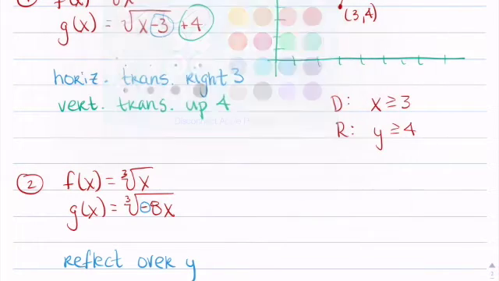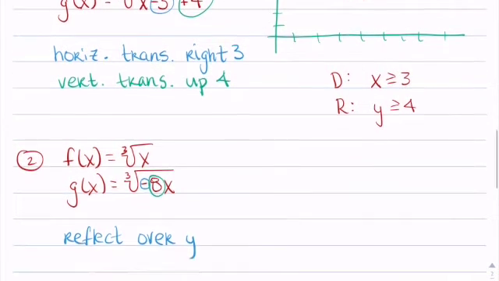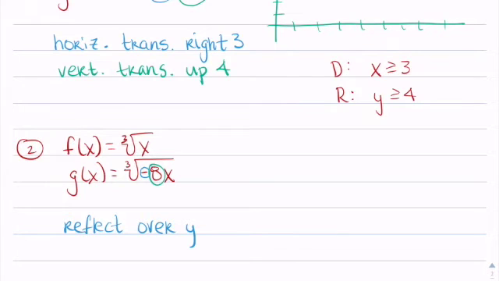The 8, again, inside with x, is going to be opposite of what you would normally think. So that's a horizontal shrink by 1/8. Remember that it's the reciprocal when we are inside with x.